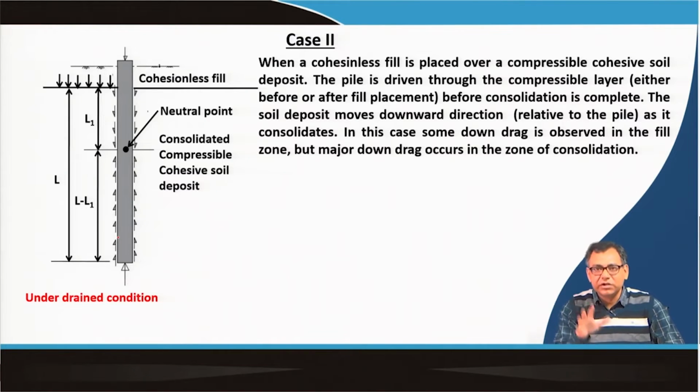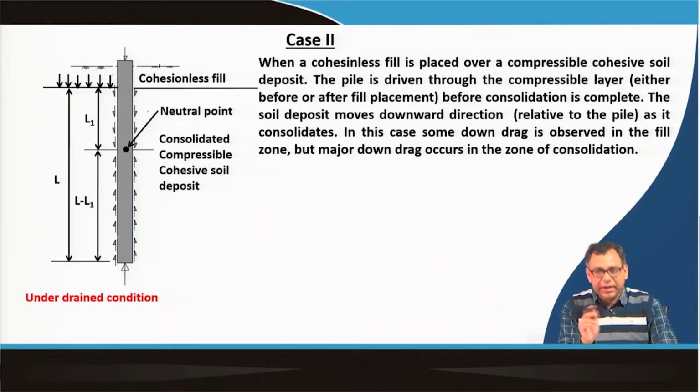The consolidation will start for the lower soil. That means most of the positive skin friction the pile was given came from this soft clay only. But now, if consolidation starts in the soft clay portion, there will be a downward movement of this compressible soil. So the negative skin friction will be generated in the compressible clay.